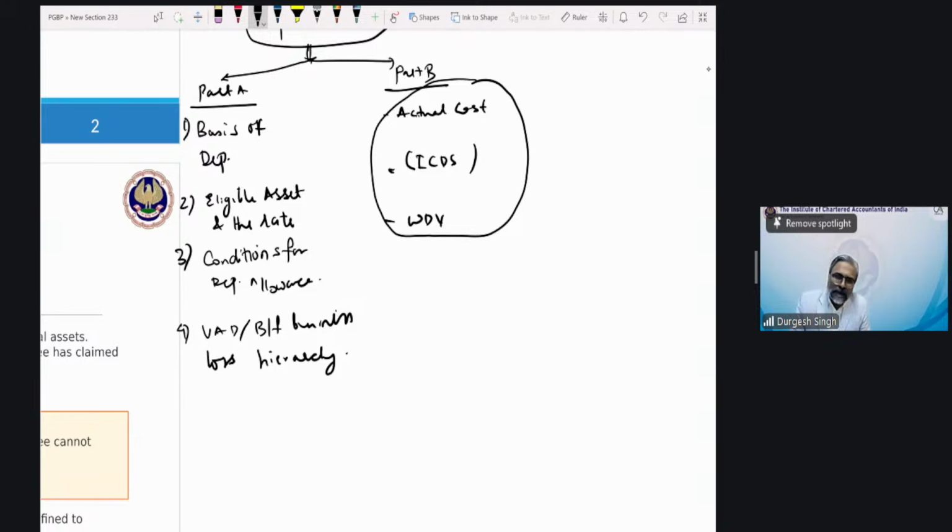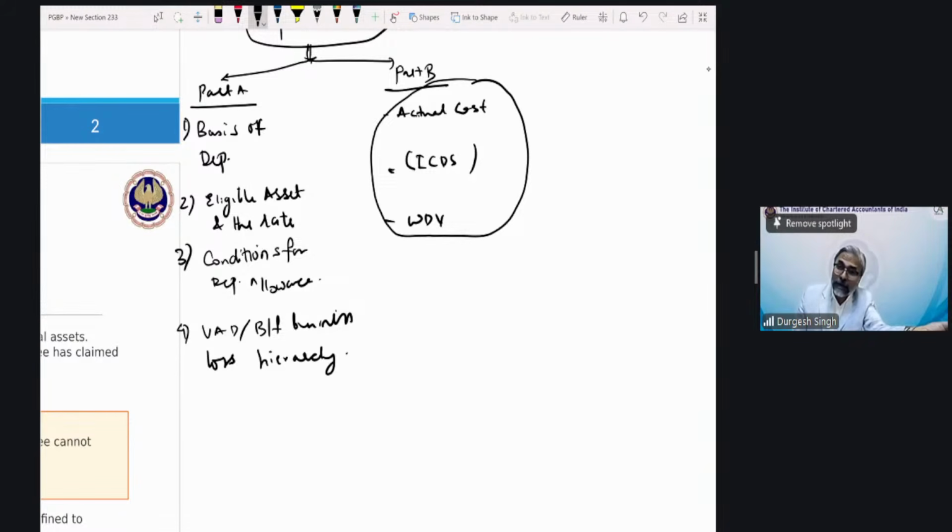So far as the basis of depreciation was concerned, students, if you can recall, I told you that under the Income Tax Act, we do have either the SLM basis or the block method. SLM basis is an optional scheme applicable only to a category of SSC, and that too for an eligible asset.